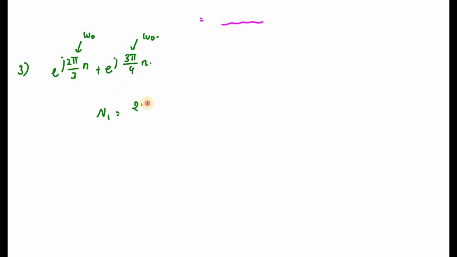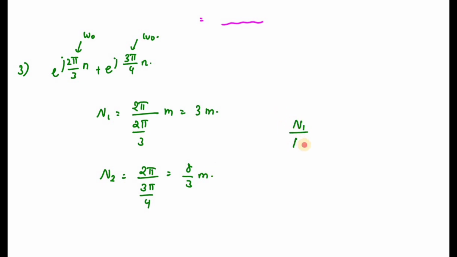It is 2 pi by 3 pi by 3 into m, so this becomes 3m. Similarly for N2, it is 2 pi divided by 3 pi by 4, so this becomes 8 divided by 3 of m. So the N1 value is this one and the N2 value is this one. If I divide N1 by N2, I will get 3 divided by 8 by 3, which is equal to 9 by 8.